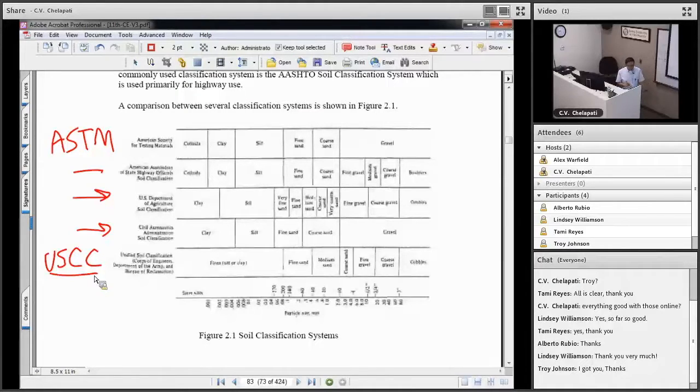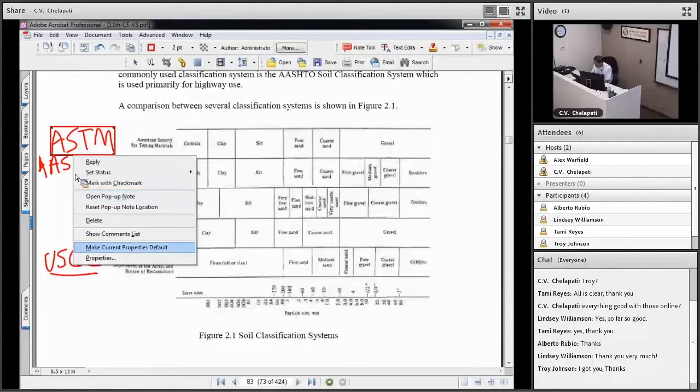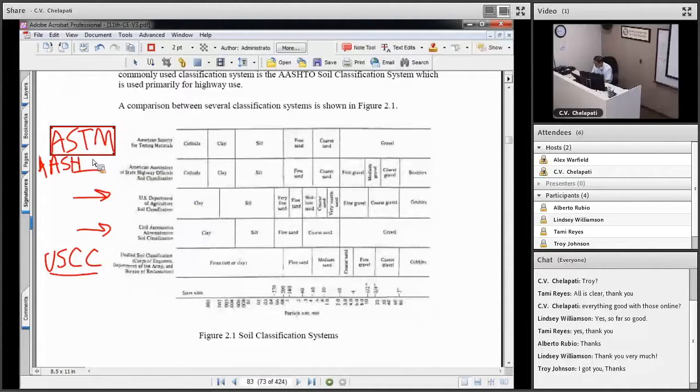So probably the systems you see on the exam would be the Unified Soil Classification System / ASTM, because they're similar, and possibly the second one, which is the AASHTO.